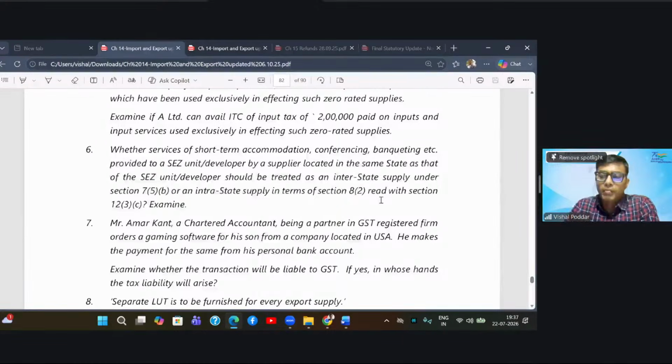Now here comes the conflict. So there is a conflict between both the sections because you are making supply within the same state. Section 8 says this should be intrastate supply. Since this supply is made to a SEZ unit, section 7 says this should be an interstate supply. Now in such cases, what should be the final take or what should be the final answer?